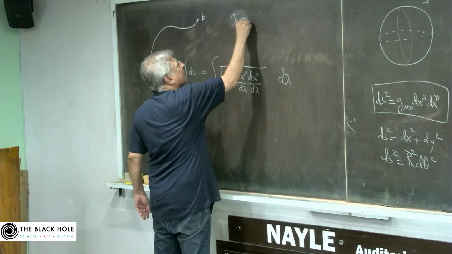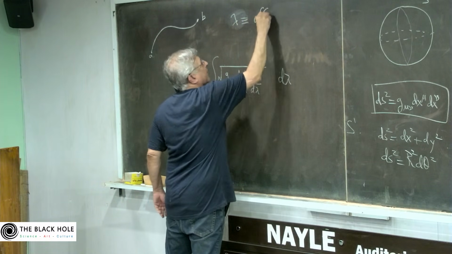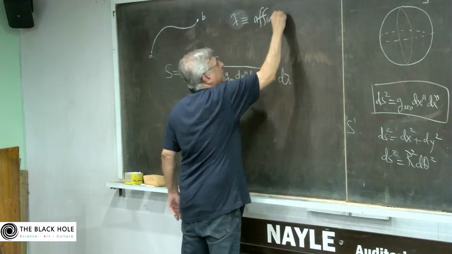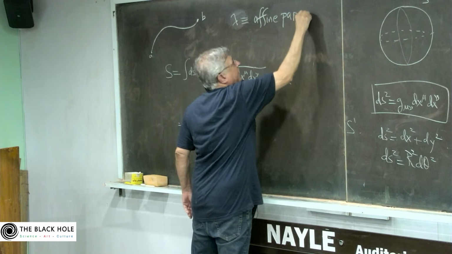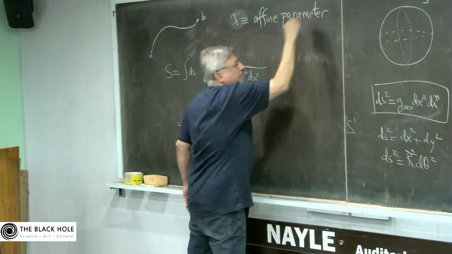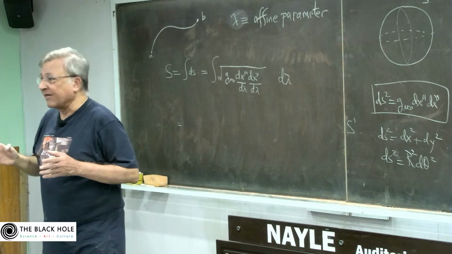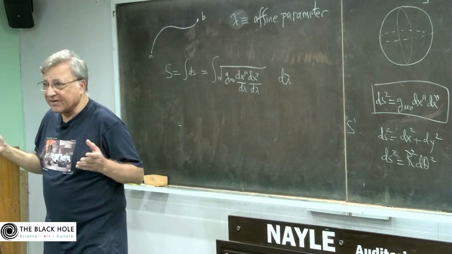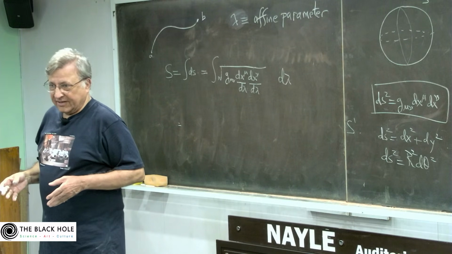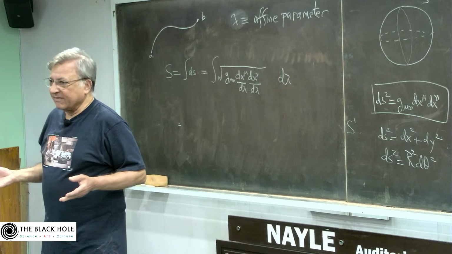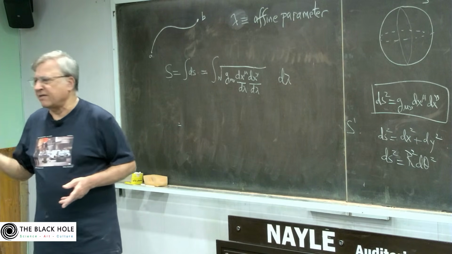Lambda is what is called an affine parameter. Now you hear this word affine and fear runs through you. What is this? I've never heard of this before. I actually looked up the dictionary and it doesn't tell me very much. Call it anything you like.